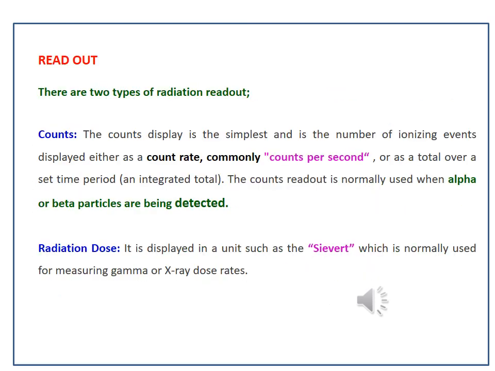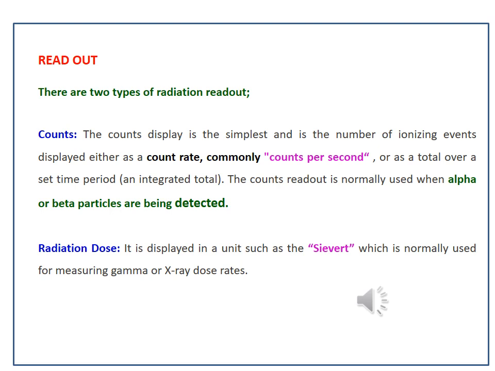The readout device: there are two types of radiation readout. One is count, and the other is radiation dose. Count: the count display is the simplest and shows the number of ionizing events, displayed either as a count rate, commonly counts per second, or as a total over a set time period.